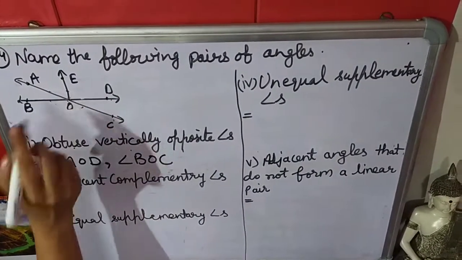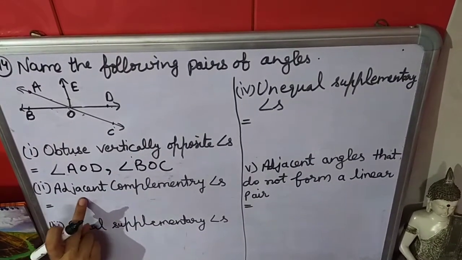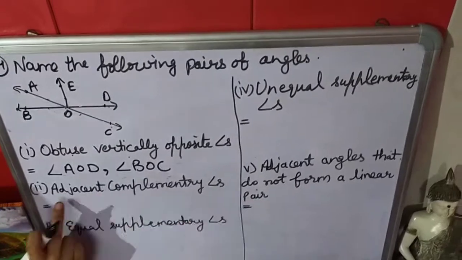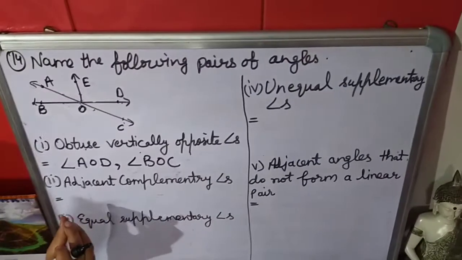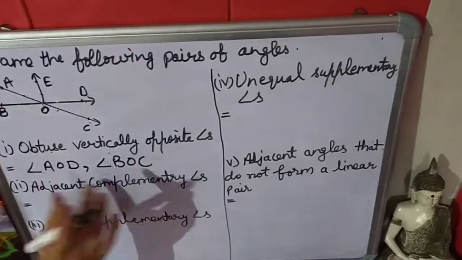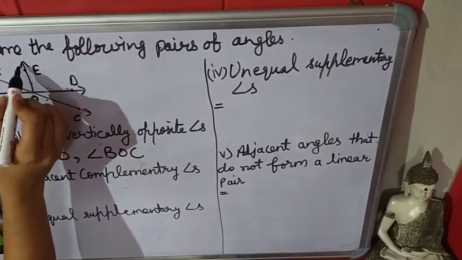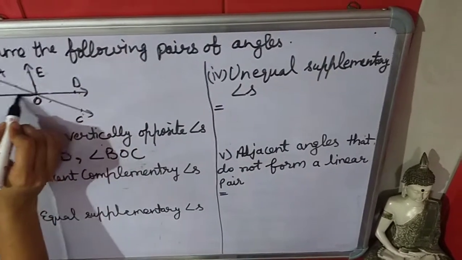Okay. Now next, you have to write adjacent complementary angles. Adjacent means together, with a common vertex and common ray, and complementary means the sum of both angles should be 90 degrees. Now look here, this side.